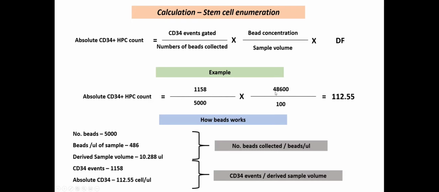Because for 100 microliter it is 48,600, so for 1 microliter it's 486 beads. The derived sample volume is 5000 beads collected divided by concentration per microliter, which is 10.288 microliter. So the sample we utilized for this assay is 10.288 microliter. The number of CD34 events collected is 1158 for 10.288. So for per microliter, this number of events divided by sample volume is equal to the absolute CD34 count per microliter, that is 112.55.